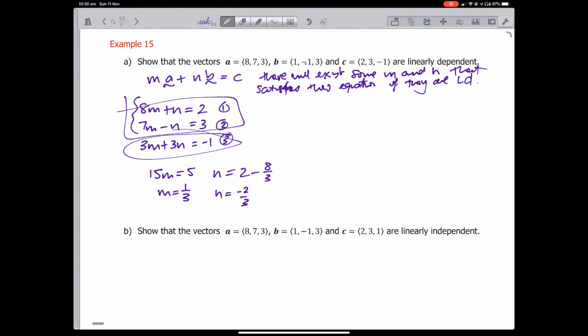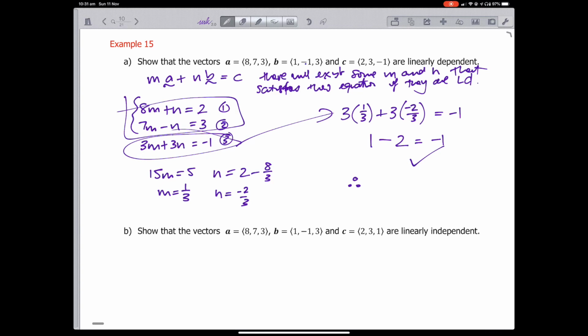If it satisfies this one, then we know that they're linearly dependent. So 3 times 1/3 plus 3 times negative 2/3, does that equal negative 1? 3 minus 2 equals 1 minus 2 equals negative 1.